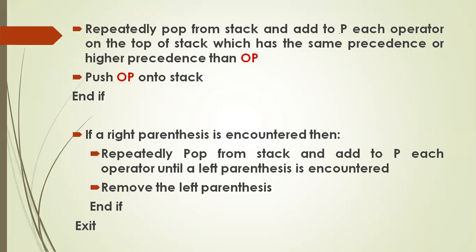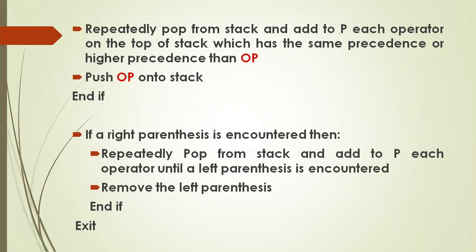So whenever an operator is encountered, repeatedly pop from the stack all the operators whose priority is higher than or equal to the precedence of the new operator and add them to P. Then finally, add the new operator onto the stack.